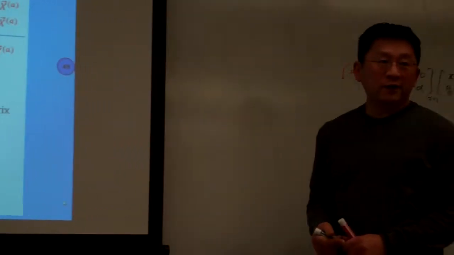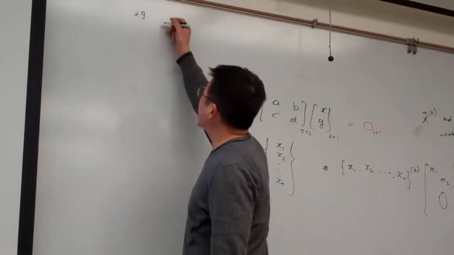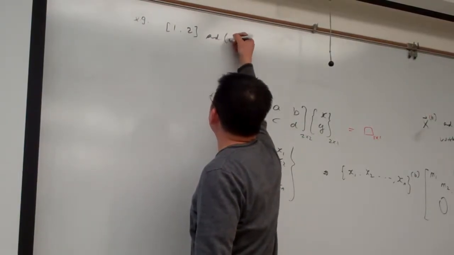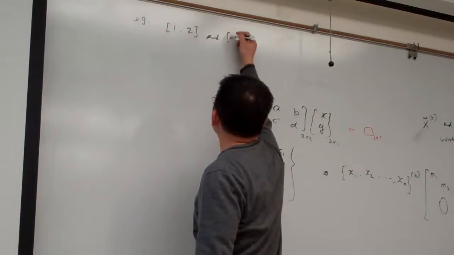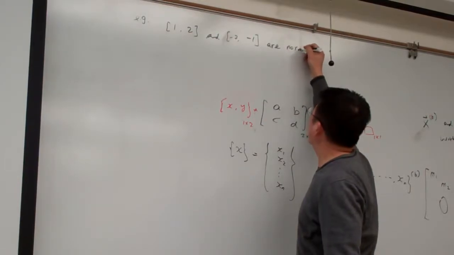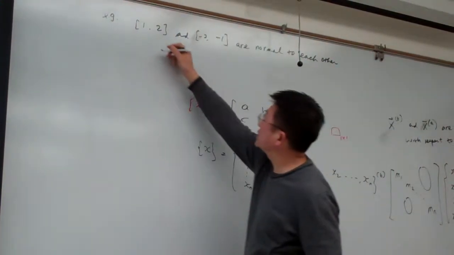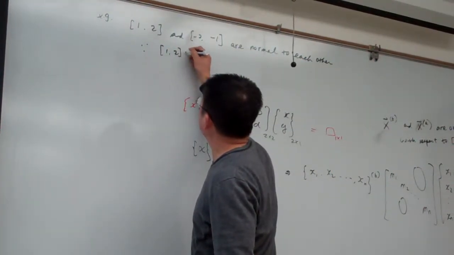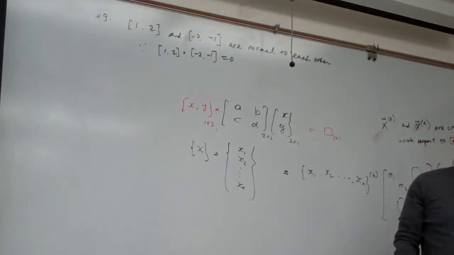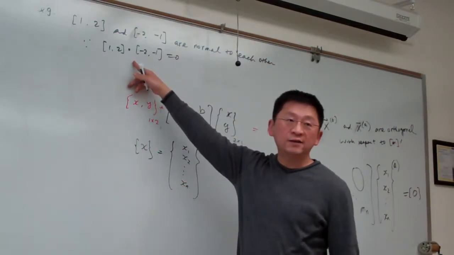An example of orthogonal vectors is like this. Say 1, 2, and say -2, -1 are normal to each other, because the inner product of 1, 2 with -2, -1 equals 0. In traditional algebra, we have this idea of the inner product.